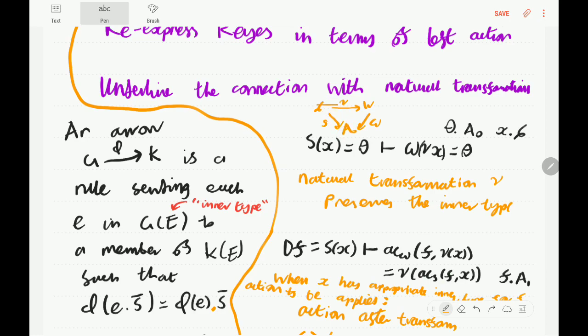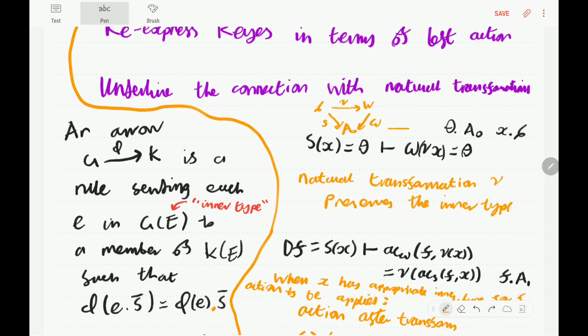So this is one functor from A to E, and here's another functor W from A to E with this action W. So then a natural transformation V is going to preserve the internal type, okay?